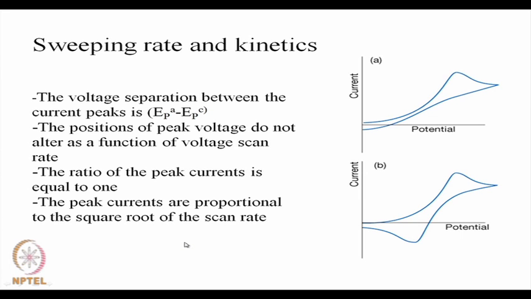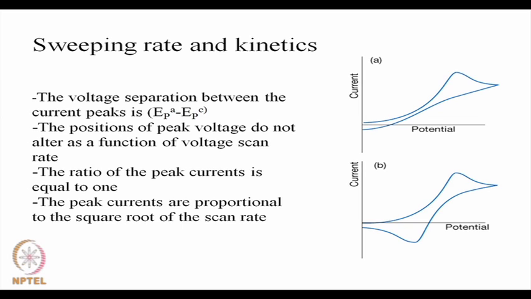So, these are important characteristics of your cyclic voltammogram: the voltage separation given by EPA and EPC, and the ratio of the peak currents equal to 1.